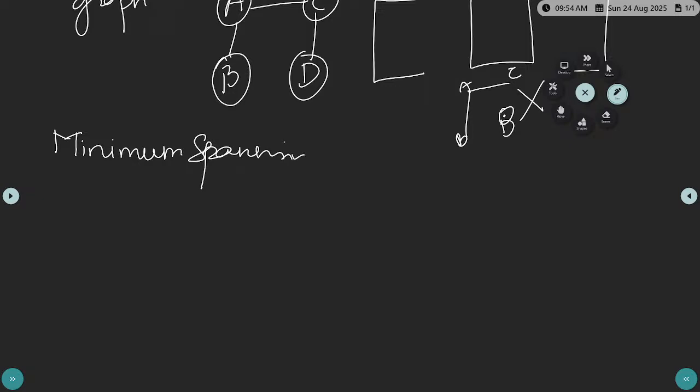What do you mean by minimum spanning tree? Where the sum of all the edges is less. The least cost is called as minimum spanning tree. Is that clear? Write down minimum cost spanning tree.